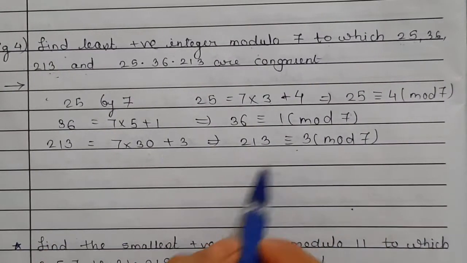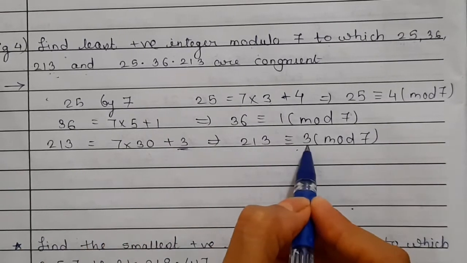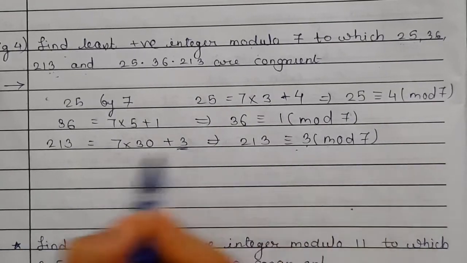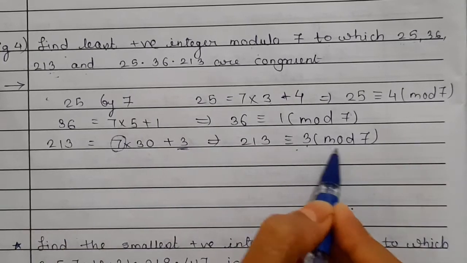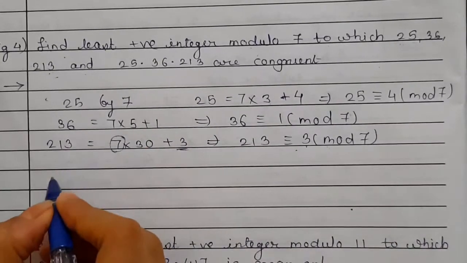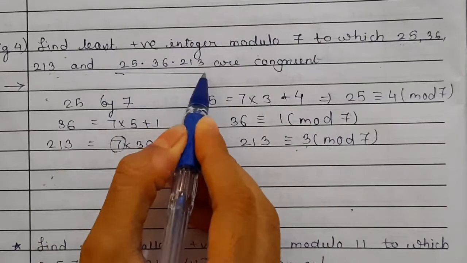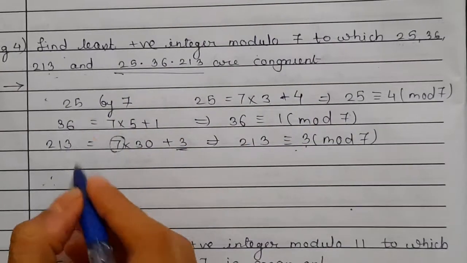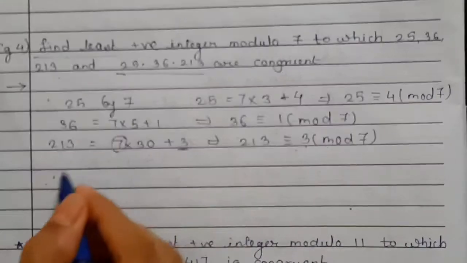Okay, here what we do, we write the remainder first, and mod 7 stays. Okay, now we have to show this is congruent, and we have to find the least element.